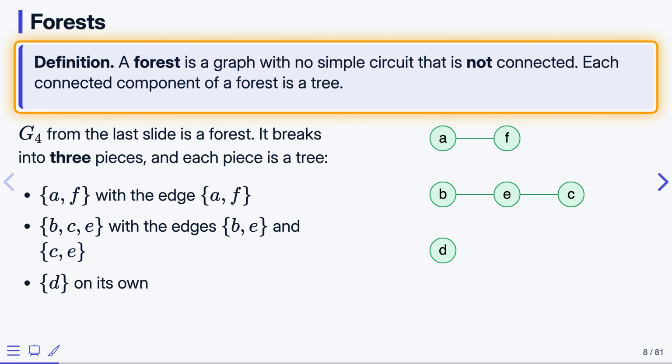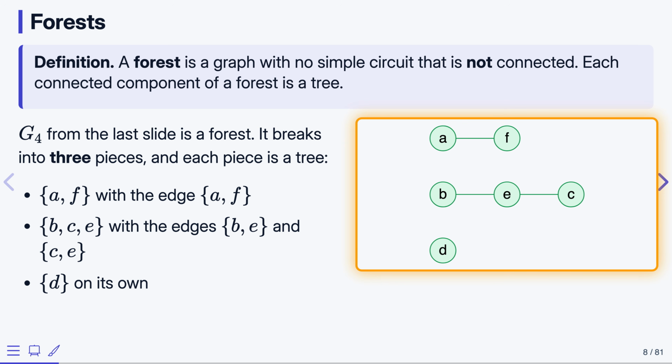A related idea has a nice name. A forest is a graph with no simple circuit that is not connected. So a forest has no loops, but it comes in separate pieces. Look back at G4. It has no loops and it is not connected. So G4 is a forest. It breaks into 3 pieces.